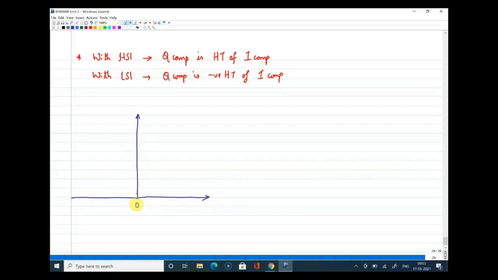So we can go for either low side injection or high side injection. Say if I am going for low side injection, that means this is your signal at omega in.